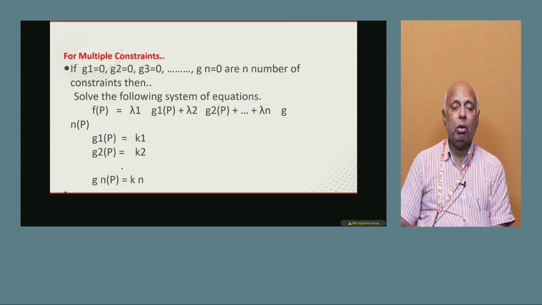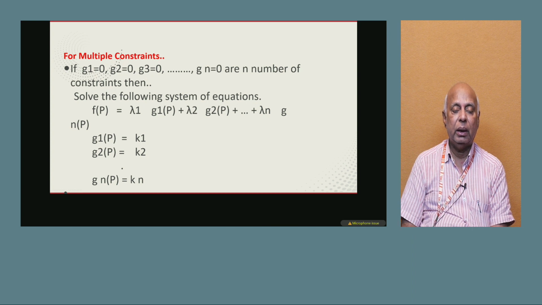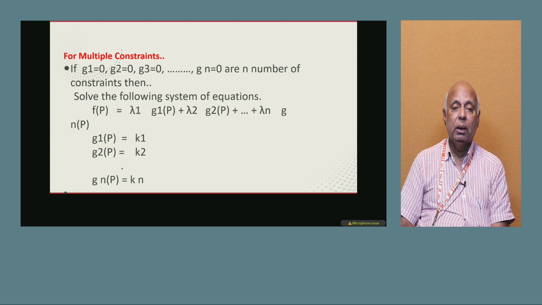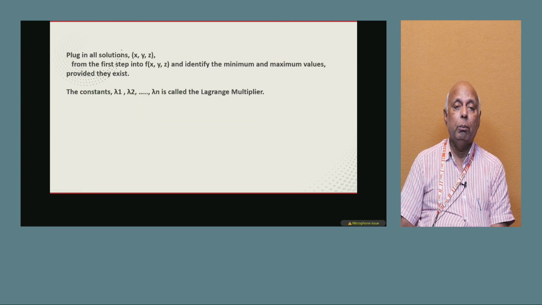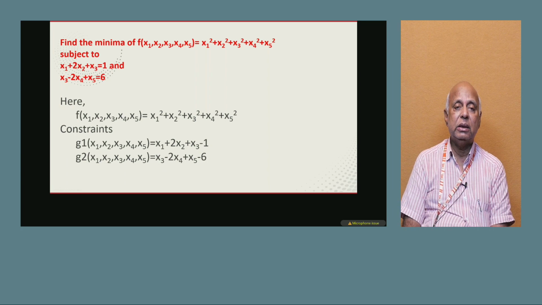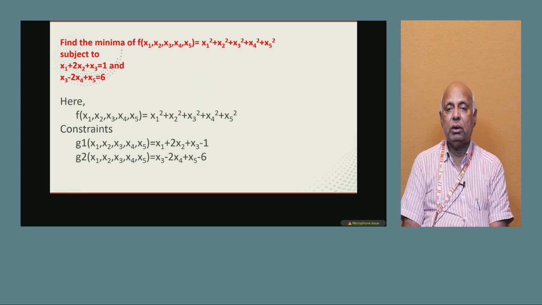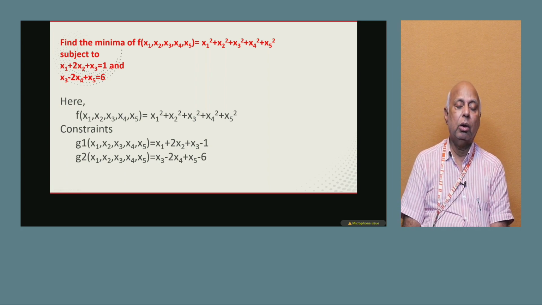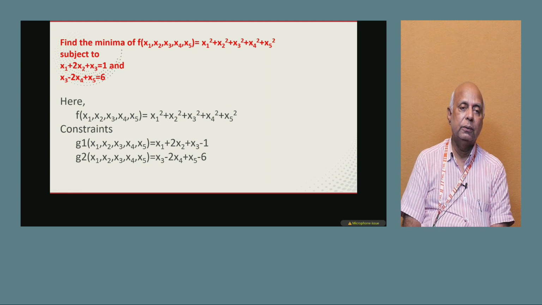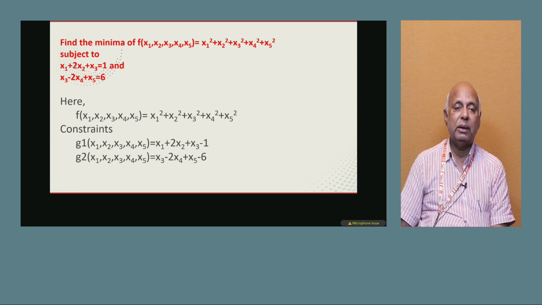And here, when we have multiple constraints, g1, g2 and g3, all of them are equal to 0. So here we will have a larger number of constraints. In order to illustrate this, we take a function f with 5 variables and we have 2 conditions: x1 plus 2x2 plus x3 equal to 1, and the second condition is x3 minus 2x4 plus x5 equal to 6.